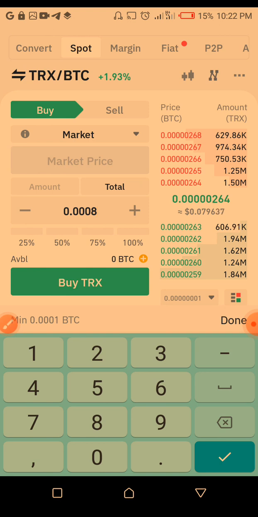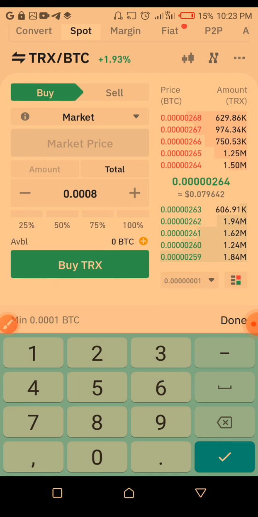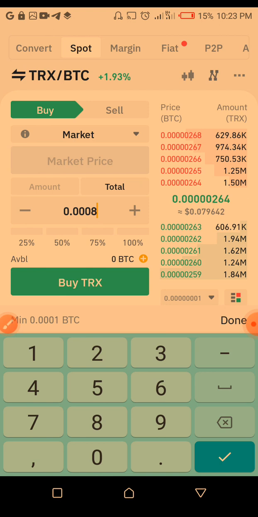So it will execute automatically for you immediately. Then you get TRS worth this 0.0008 BTC instantly. As you can see, it is not going to show you the amount of TRS you are going to get, but on a favorable price, or a price closer to this 264, you're going to get your TRS instantly.